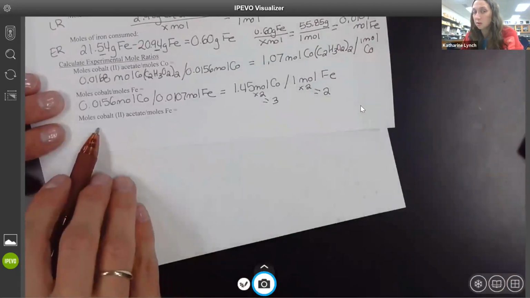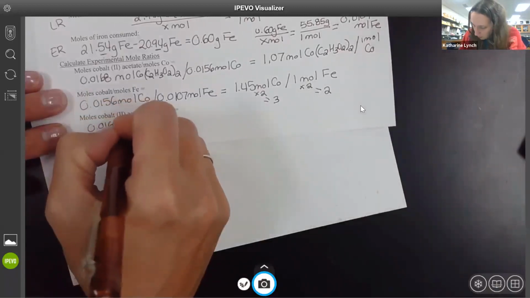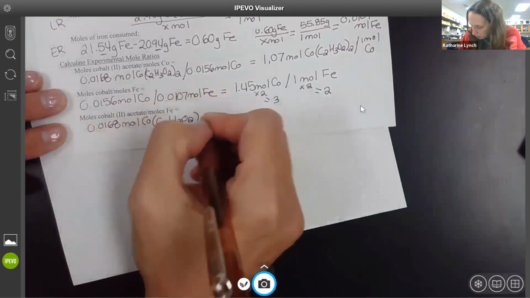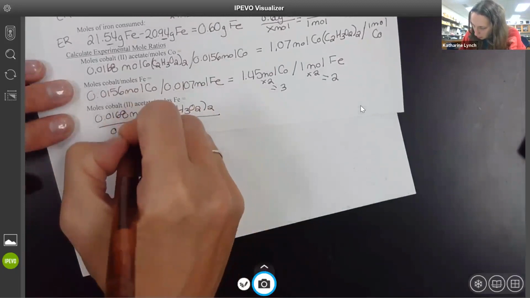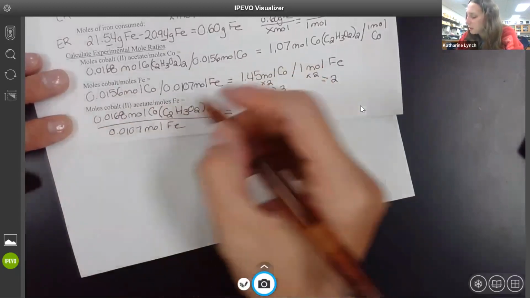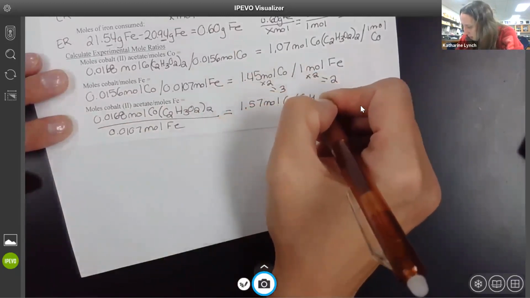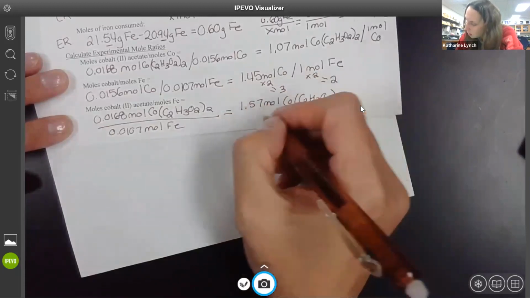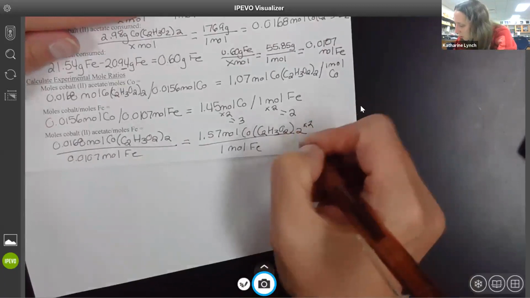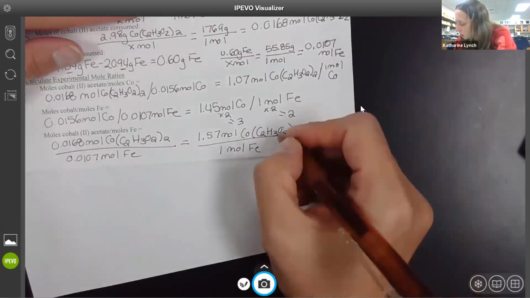All right, let's confirm that we know that this is iron plus 3 with the moles of cobalt-2 acetate, 0.0168 moles of cobalt-2 acetate. I'll do this one vertically, 0.0107 moles of iron. When I divide this, I end up with 1.57 moles of cobalt-2 acetate, C2H3O2, 2, we divide out 1 mole of iron, which again, if we multiply through top and bottom by 2, I end up with close to 3 moles of my cobalt-2 acetate.